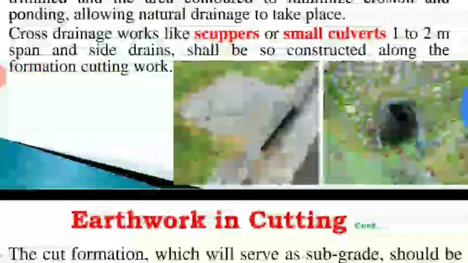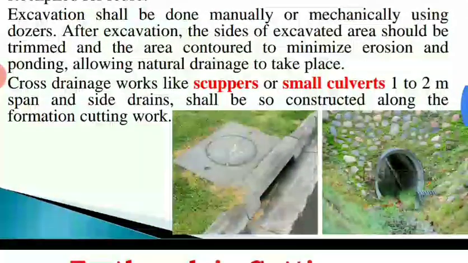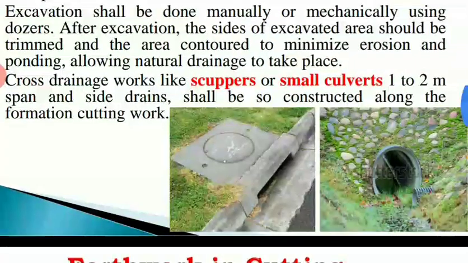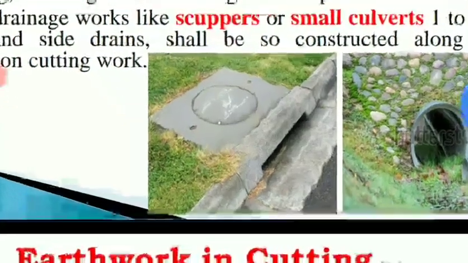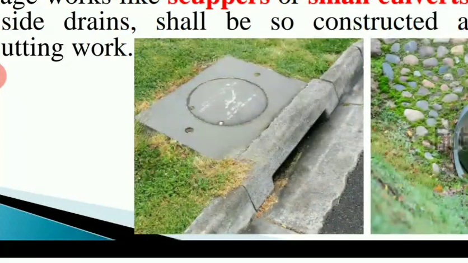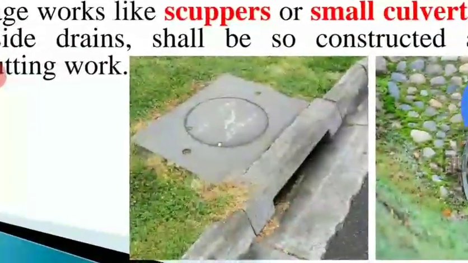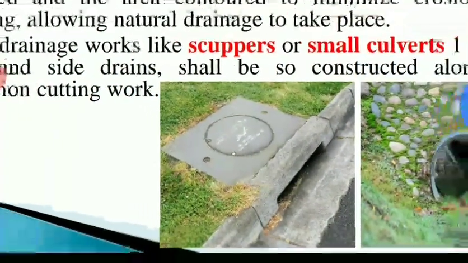Next part, that is the cross drainage works such as scuppers and small culverts, that is 1 to 2 meter span, and the side drains shall be constructed along the formation cutting work. Here you can see an example of scuppers, how to drain off the rainwater from the existing road surfaces, right? Even it can be used in the part of this cutting also.